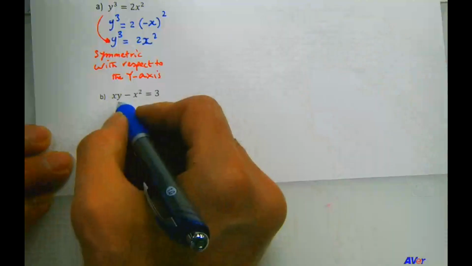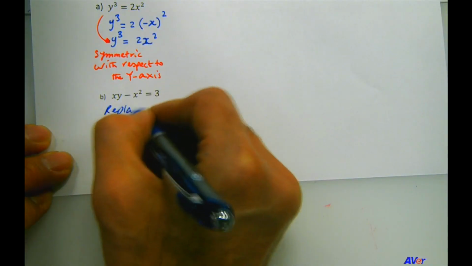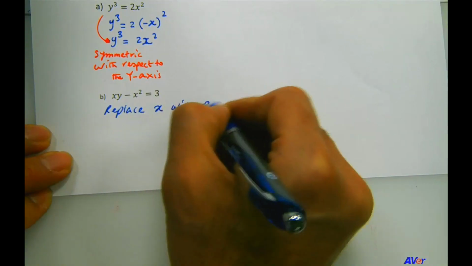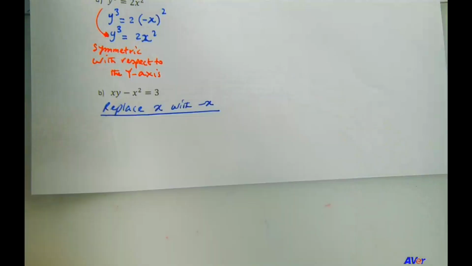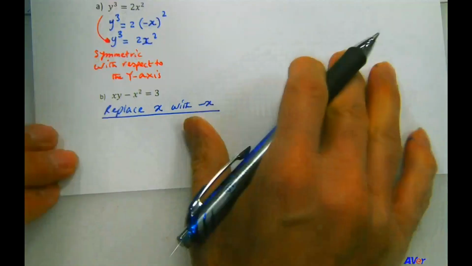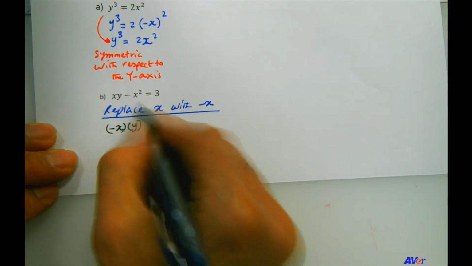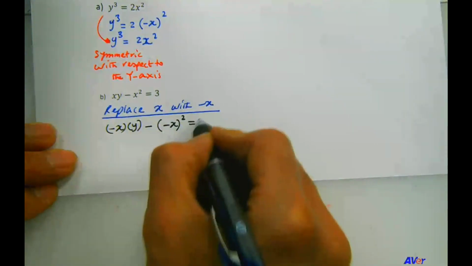So let me do that. Let me do both. So I'm going to replace x with negative x, right? Let's see what happens. So when we do that, we end up with negative x times y minus x squared equals 3.